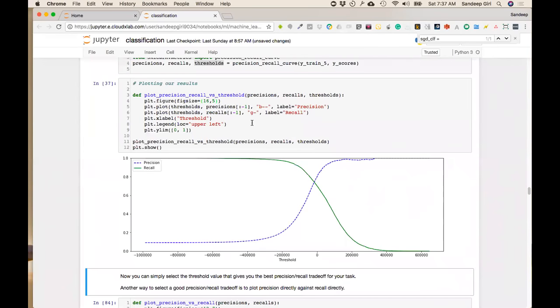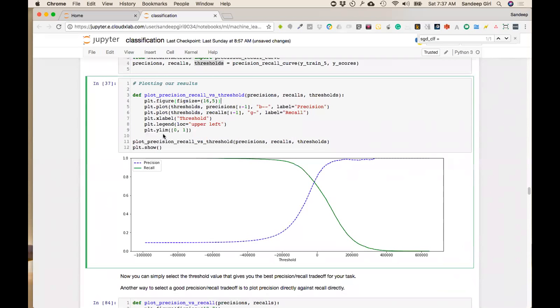This is better. Okay, so what is it that we're trying to do? We are trying to observe how precision and recall vary with the threshold.